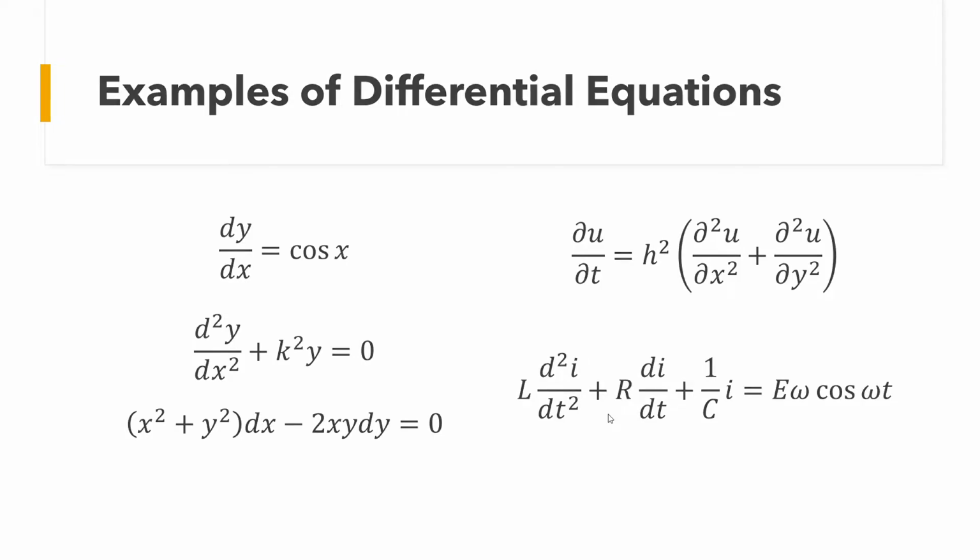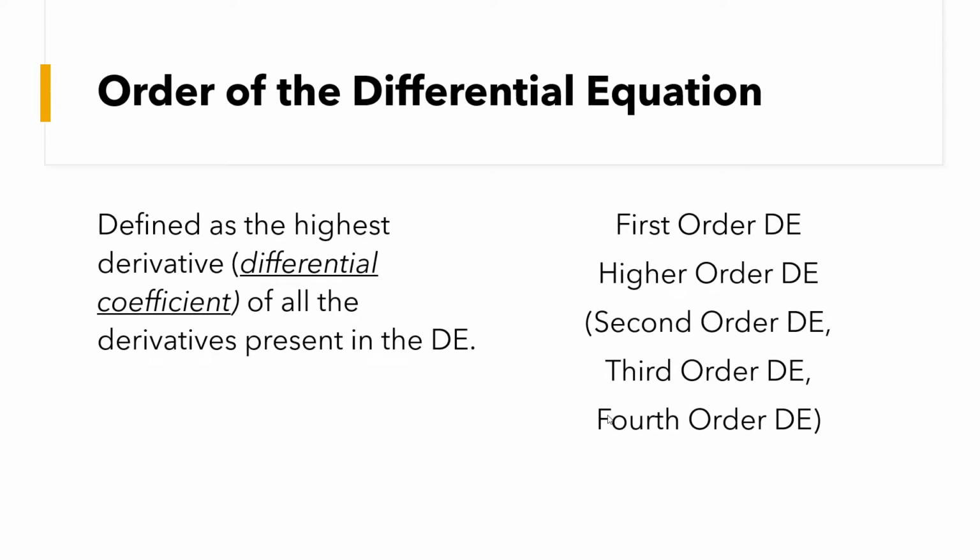So let's proceed with the order of a differential equation. The order of the differential equation is defined as the highest derivative, or the differential coefficient of all derivatives present in the differential equation. So mainly we have two categories of the order of the DE.